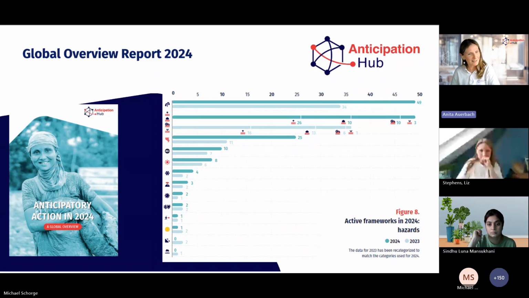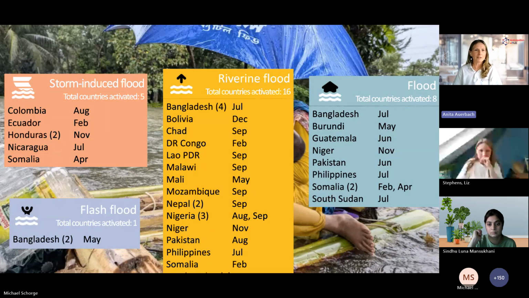On the next slide, you will find all the data, which you can sort according to the different flood types. This slide is an overview of all the countries that activated in 2024 for these different flood types, and when they activated, and which agencies, which actions, and so on. So hopefully that's useful for you.